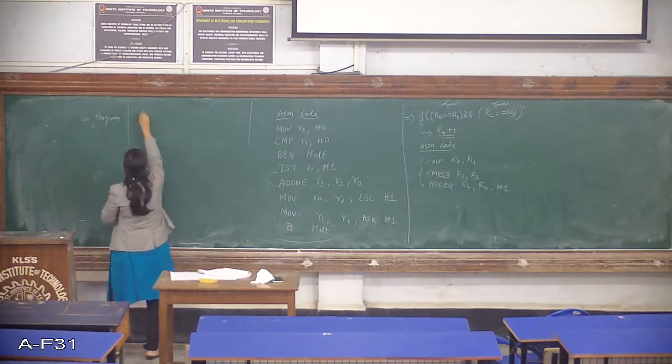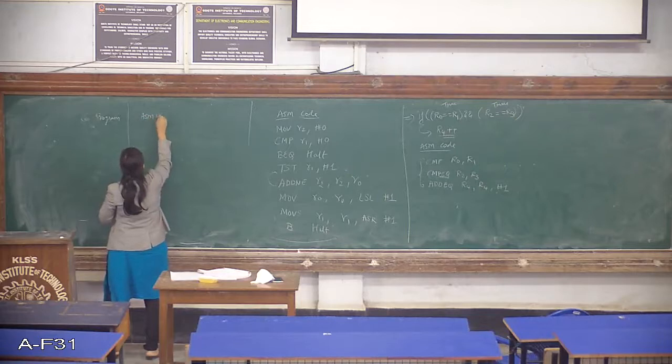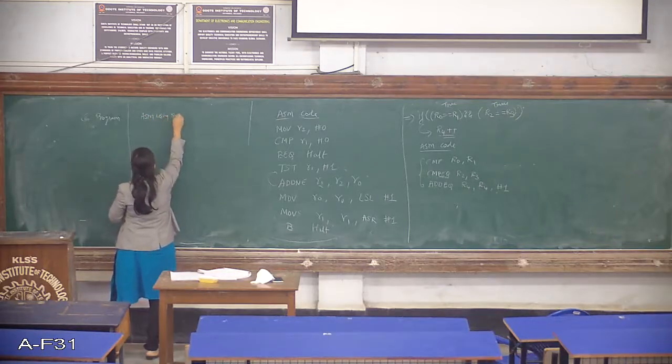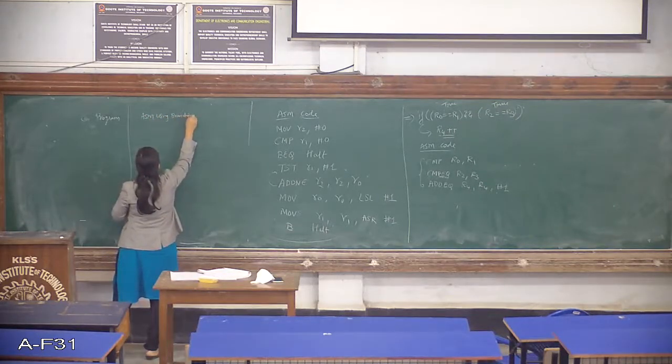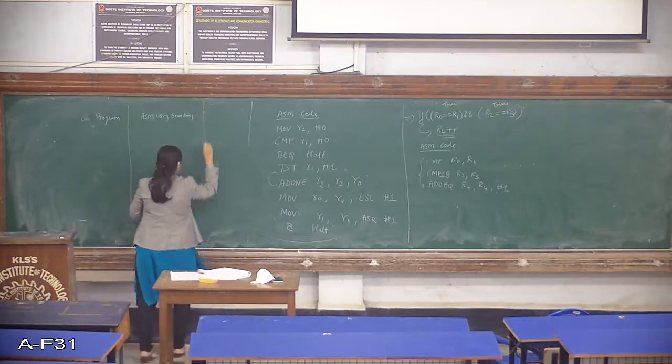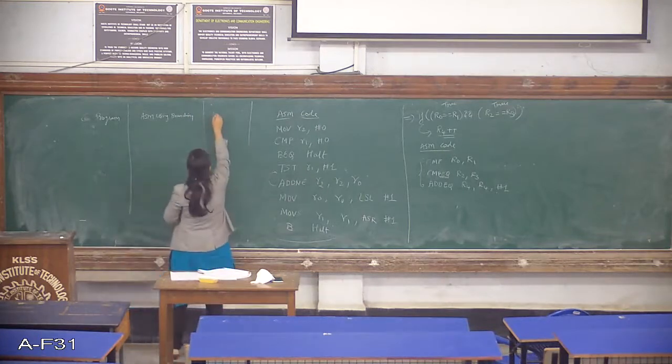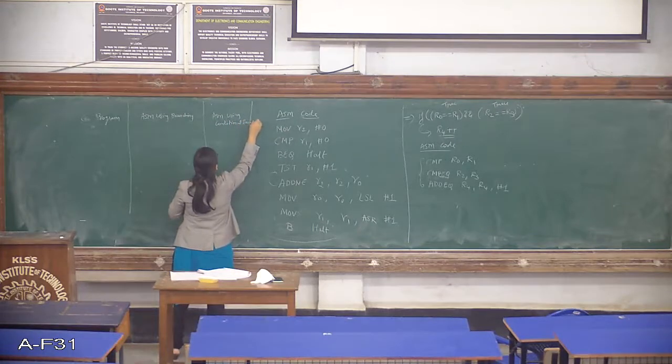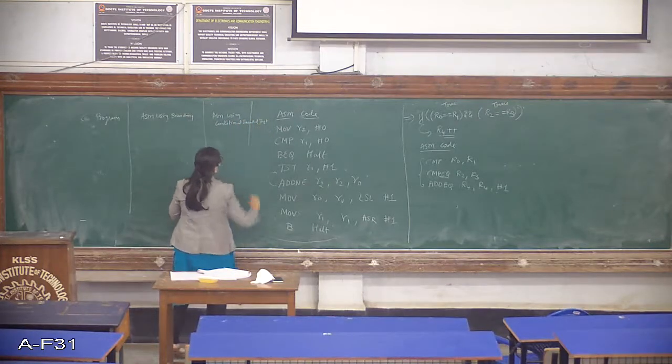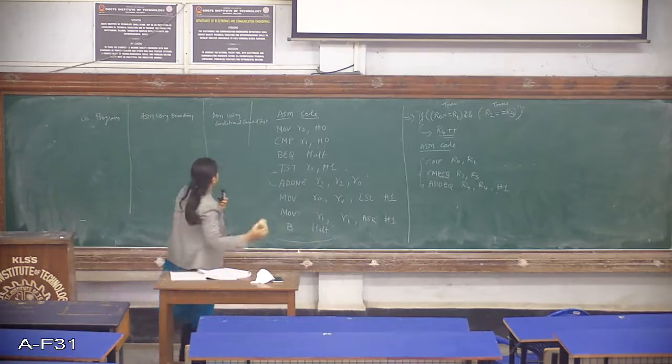Then we will write an assembly code using the branch instructions, and then we'll have an assembly code using conditionally executed instructions.